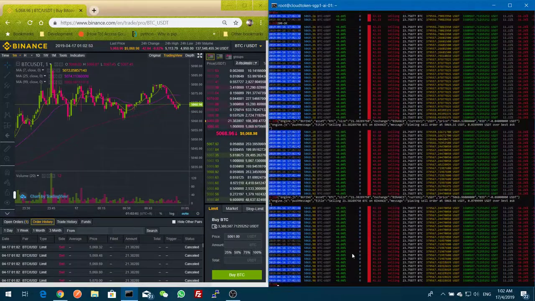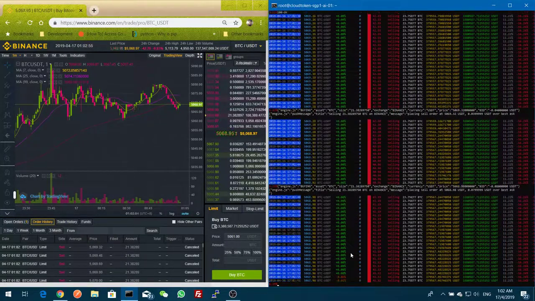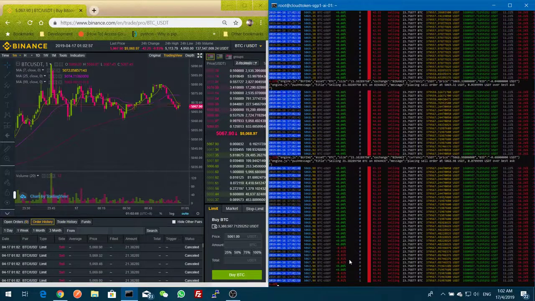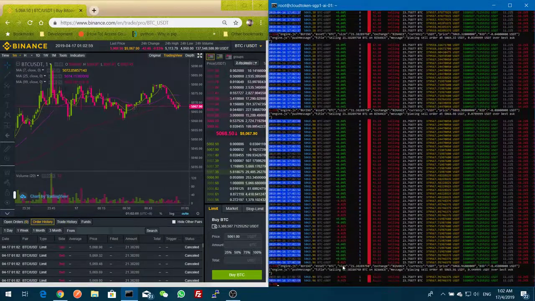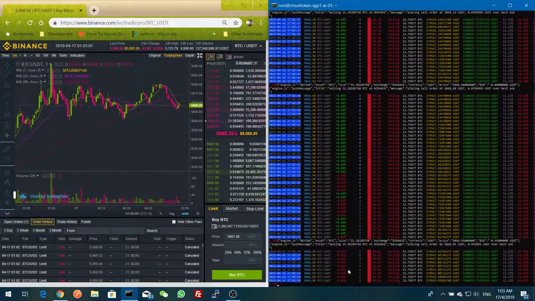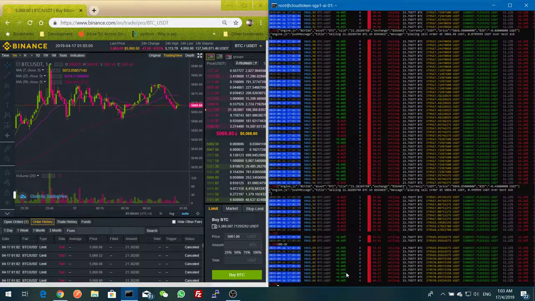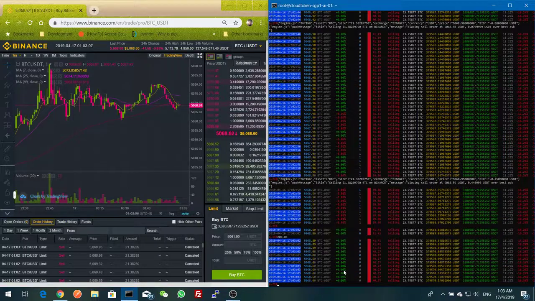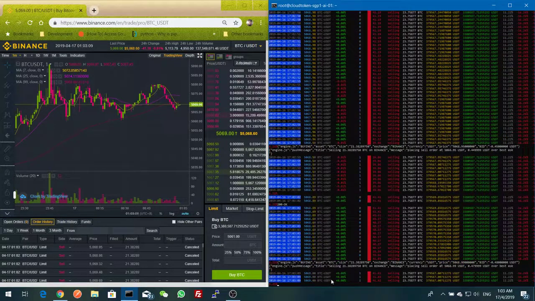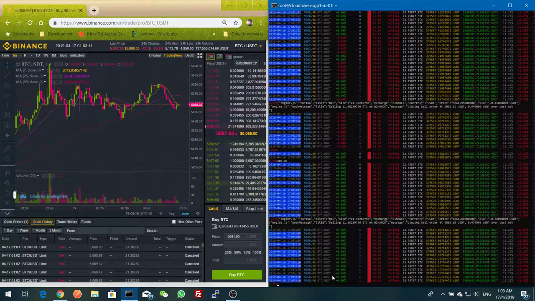Now the price is back down to 5067, 5068, which means that the bot won't be able to do much sale, as we'd be losing money, so it won't be doing much.